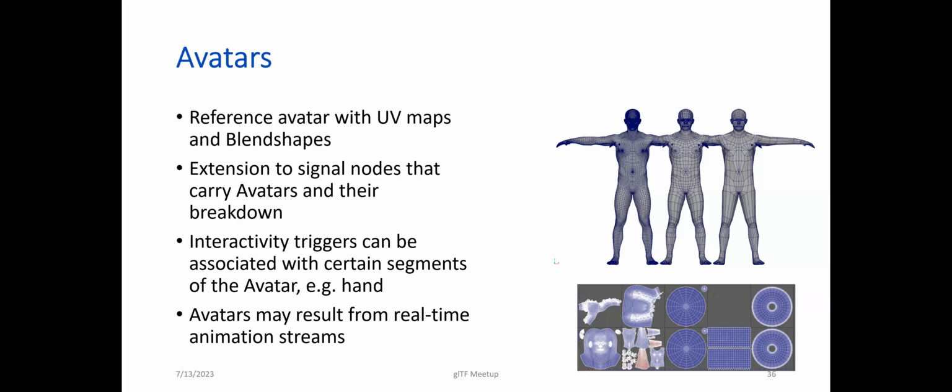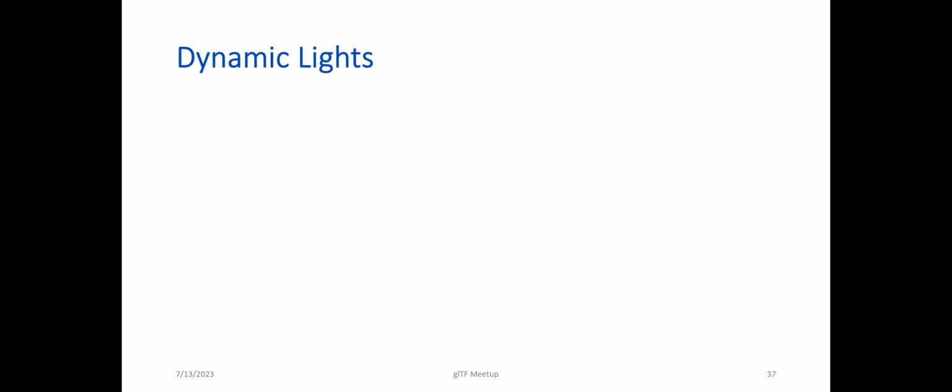So that's the whole idea there with the avatars. But at the same time, we're also defining a reference avatar, what we call Morgan. It's a reference avatar that comes in 3 different levels of detail that can be used, if people want, of course, for their scenes.